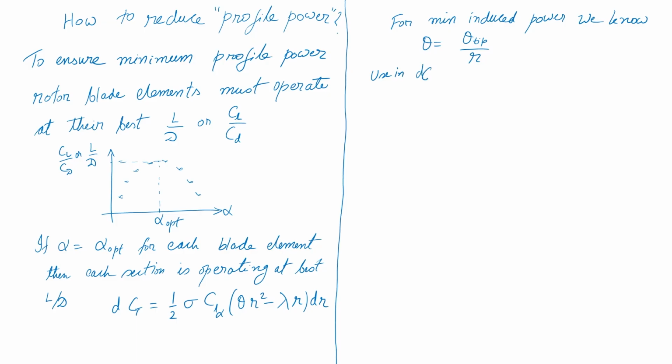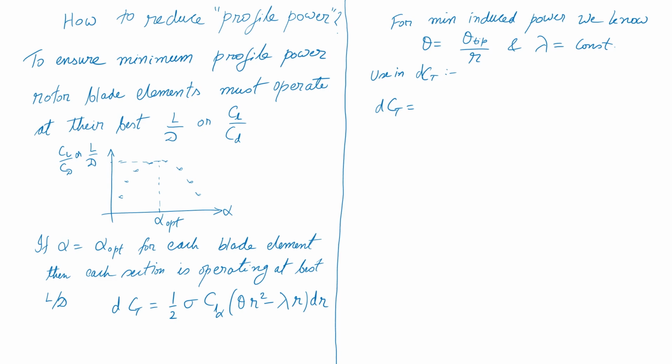Using it in the DCT expression, we will get DCT equals to, and also lambda equals to a constant, because the moment I used hyperbolic twist, my lambda is going to become uniform and independent of my radial location.